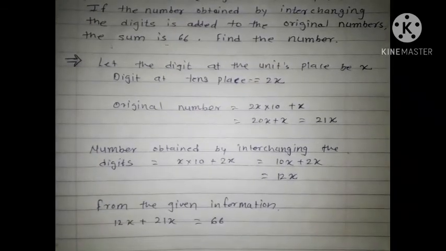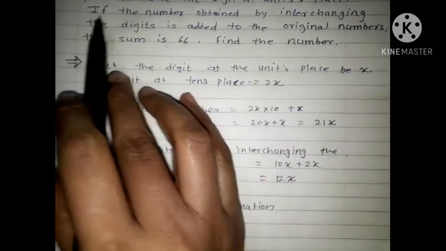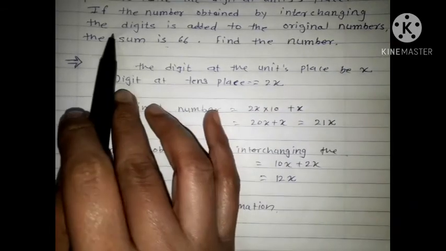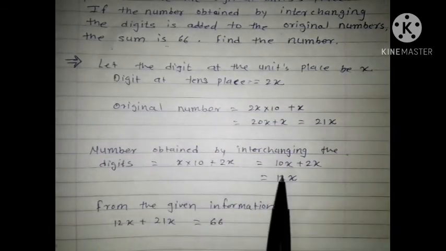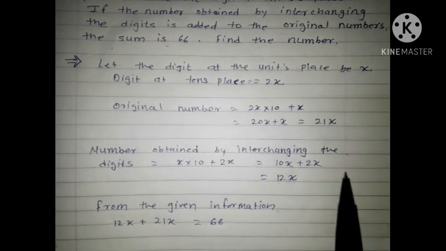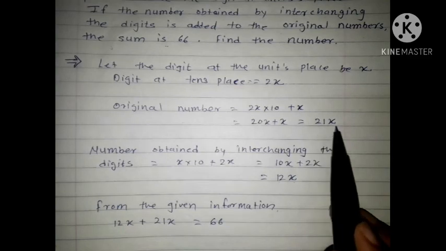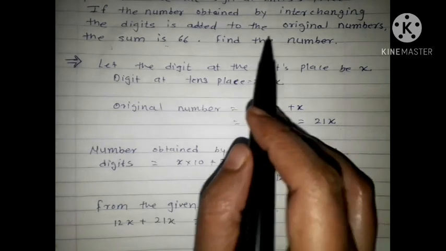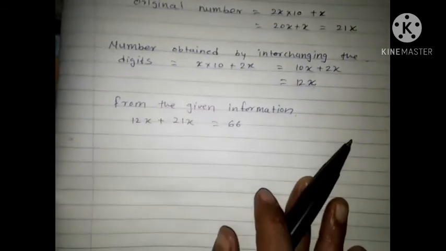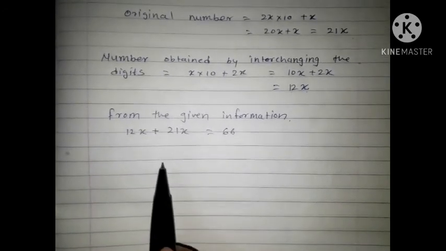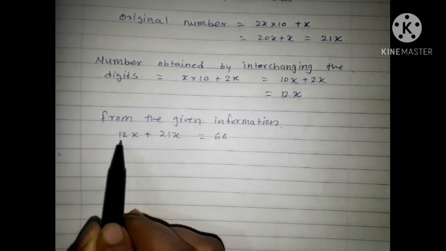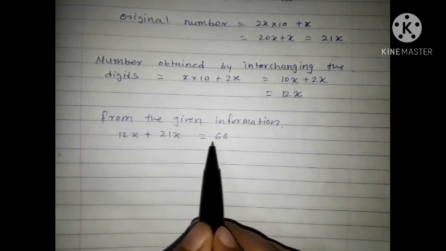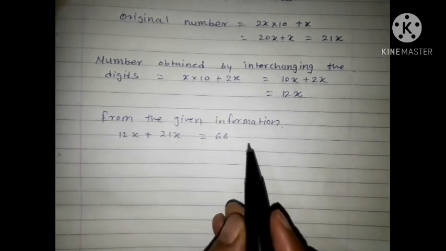Because in the problem, the number obtained by interchanging the digits, which is 12x, is added to the original number, which is 21x. The addition will be 66. Therefore from the given information we write the equation in one variable form: 12x plus 21x is equal to 66.